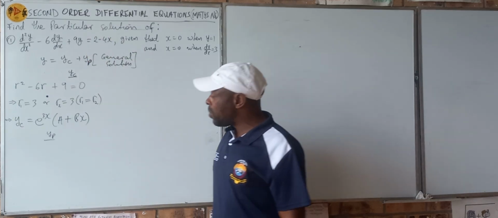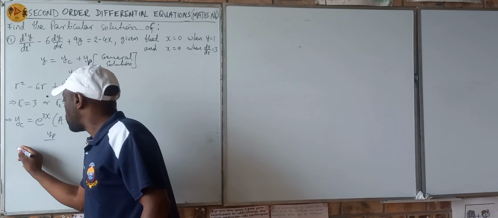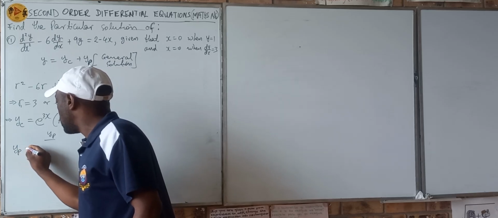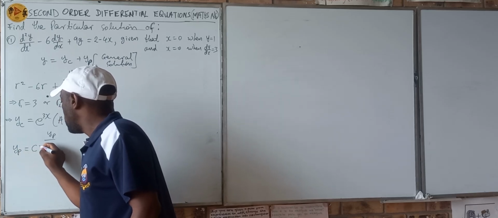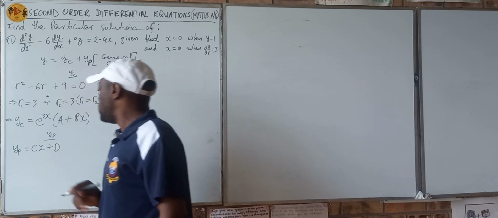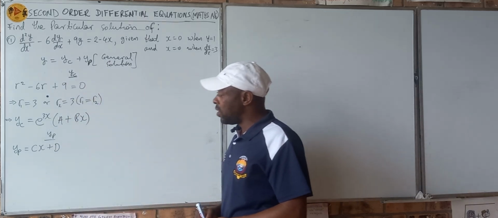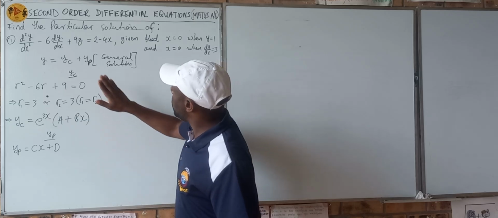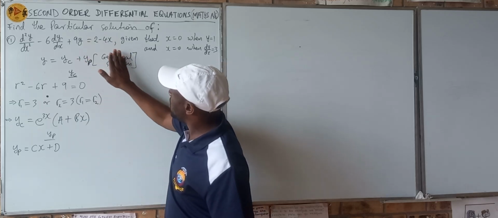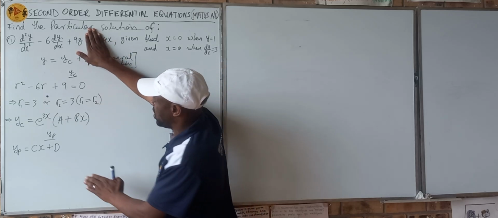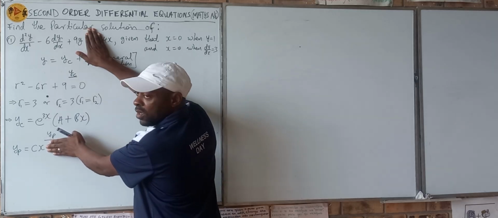When your right hand side is linear, you must also choose your yp as linear. So I will choose my yp as cx plus d. You see, that's a linear function. The danger here is that whenever the right hand side is linear with 1 term, students are tempted to also choose 1 term, which is very wrong.